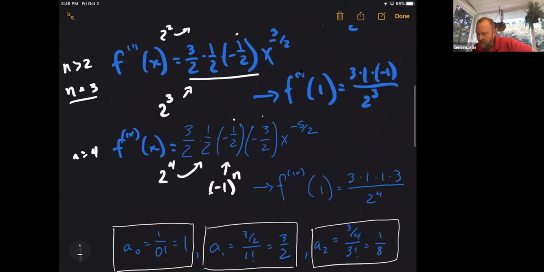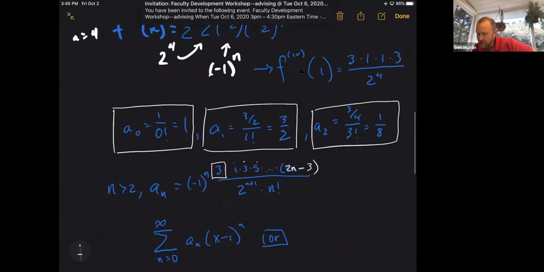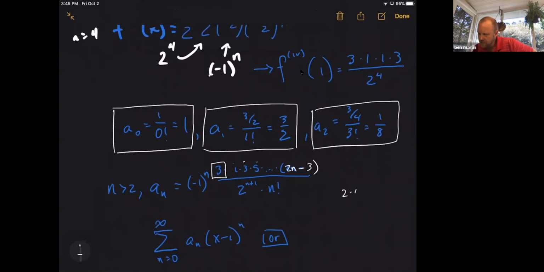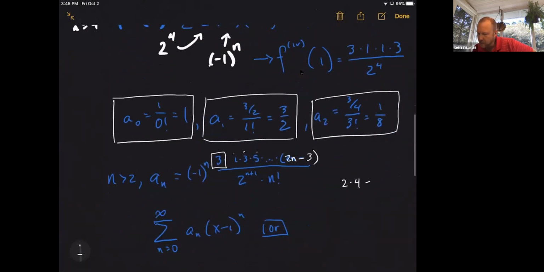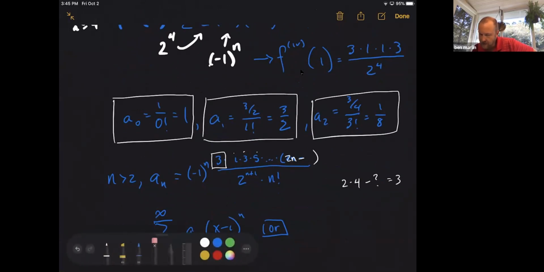So for n equals 4, you'd have 2 times 4 minus, we wanted it to end at 3. So 2 times 4 minus something equals 3. So 8 minus, looks like 5 ought to work, right? So we put in here 2n minus 5, right?